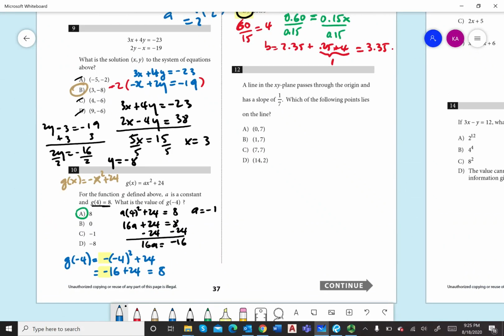It says that the line passes through the origin. What does that mean? That means that the b, or the y-intercept, is 0. If you have the slope-intercept form, which is y equals mx plus b, that means b is equal to 0, because it passes through the origin. So if I sketch it, the line would have to look like that.